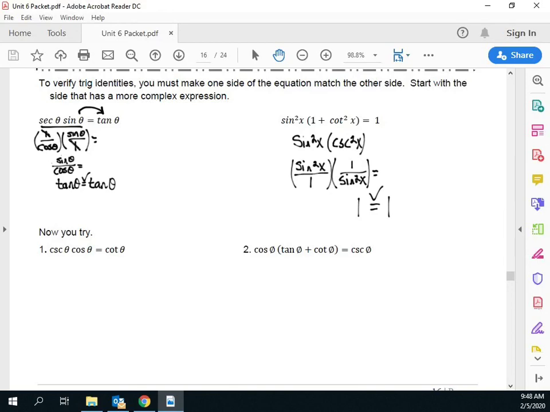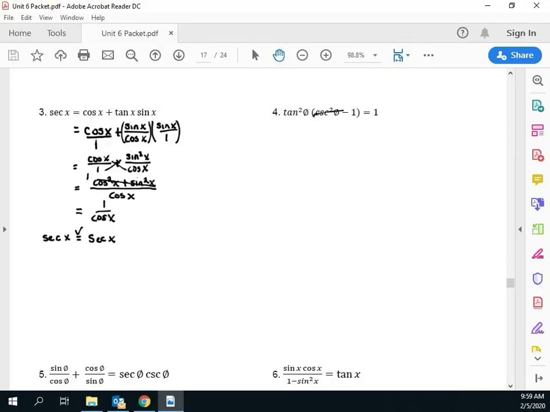All right, guys. Give number 1 a shot and see what you get. And you're exactly right. And as I walked around, I saw some people did this.